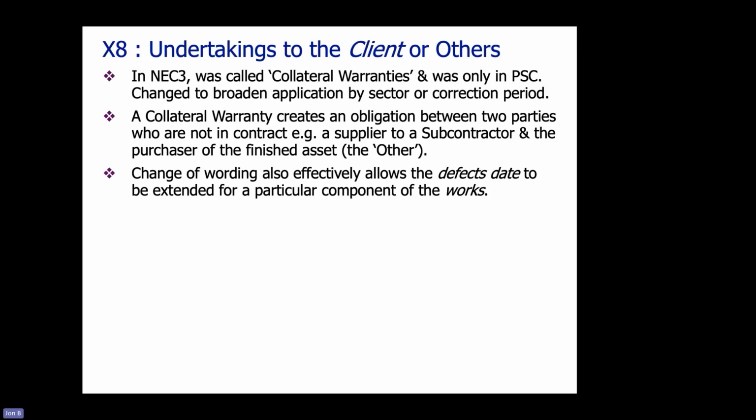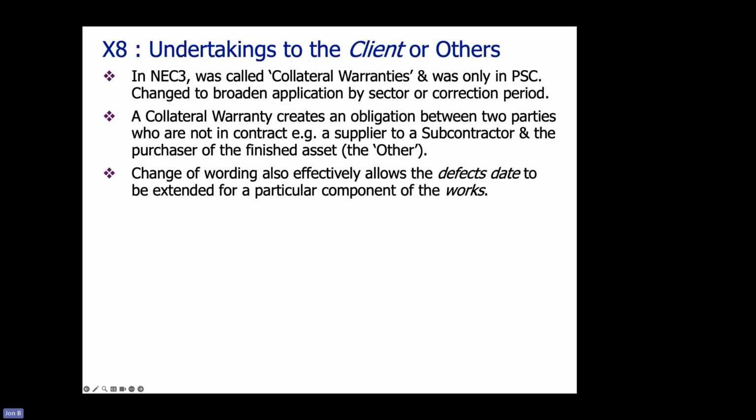So we could put in place a collateral warranty, which goes from the purchaser of the completed building, all the way through to the manufacturer of that ventilation system. And if there's a problem, then rather than having to go through me, who you're in contract with because you bought the building off me, to the main contractor, to the subcontractor, to the manufacturer, you can go straight to the manufacturer to say, can you fix this? Okay.